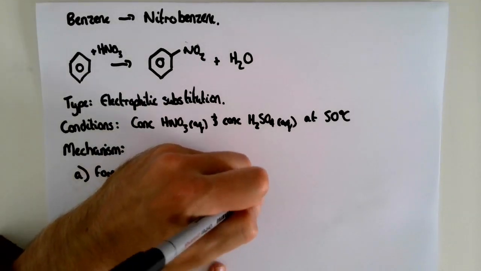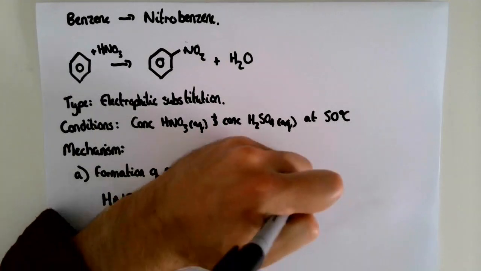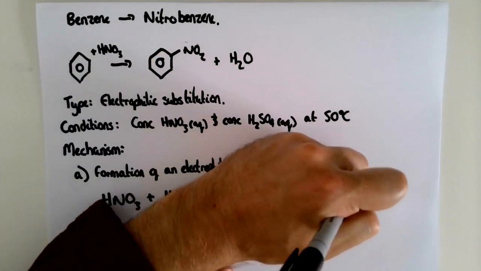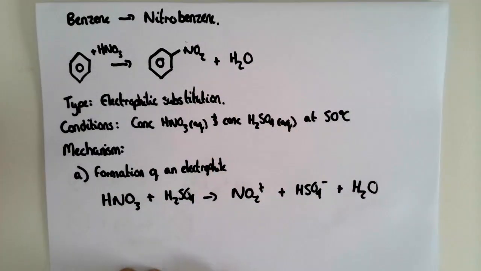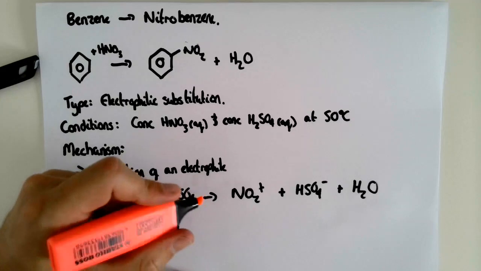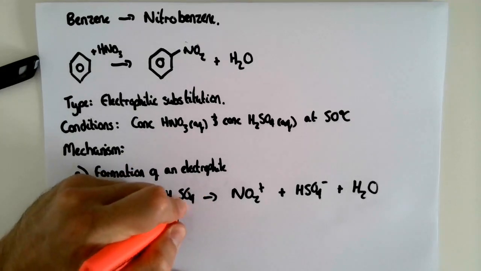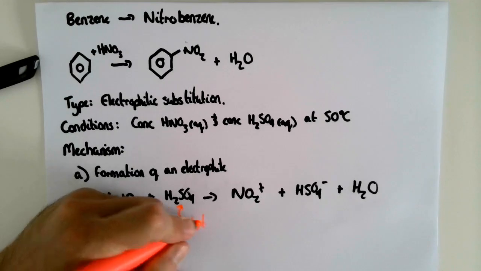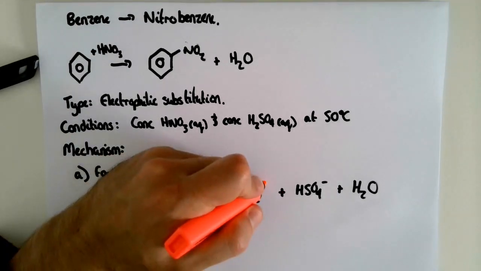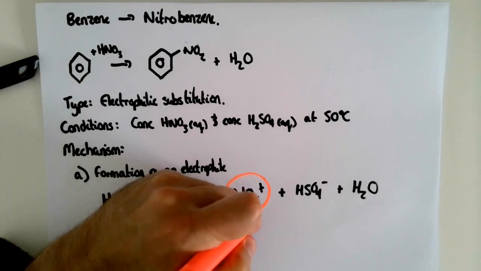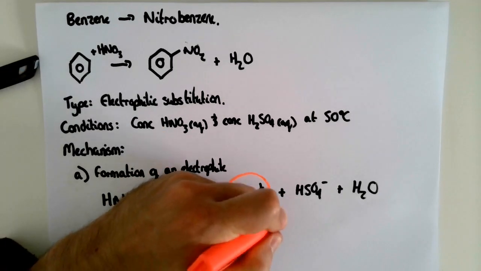We make this as a product, we make this as a product, and we make this as a product. So the sulfuric acid here is acting as a catalyst, and it is allowing us to form this, which is an electrophile.